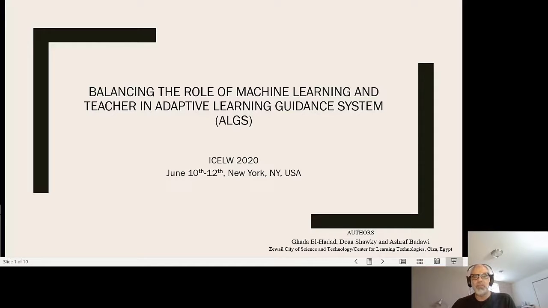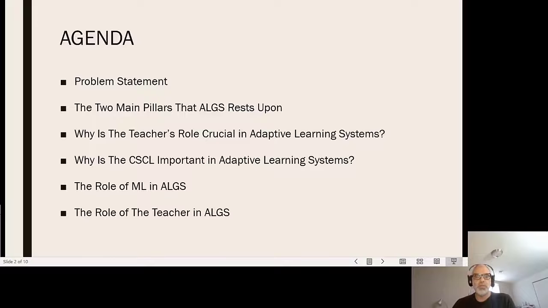The multiple dimensions and multiple parameters that can be readily assessed and put into context and put into use by a machine learning algorithm would make the teacher not able to follow up on the recommendations and why these recommendations are being made. And we would like to suggest how this balance can be achieved.